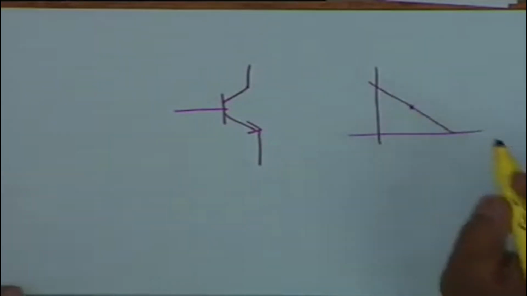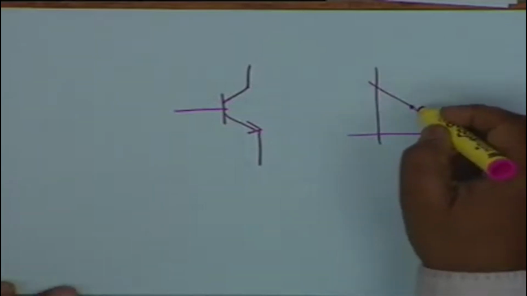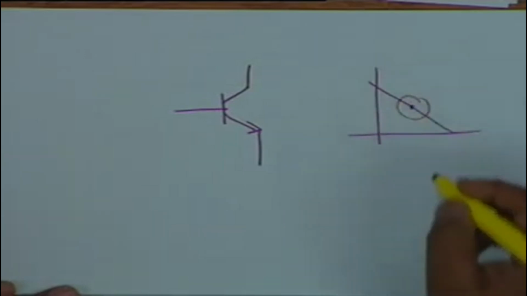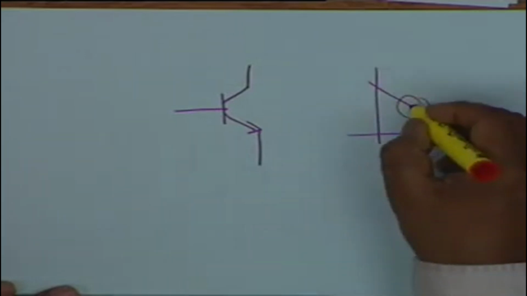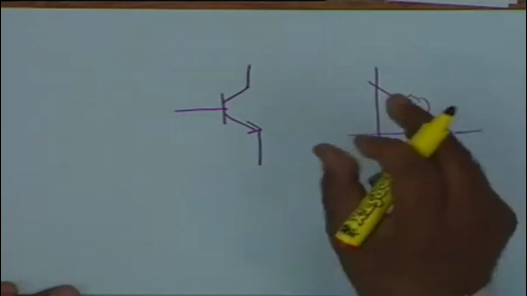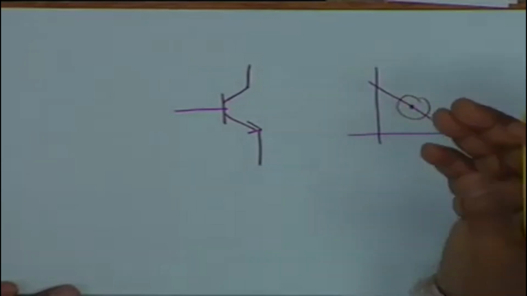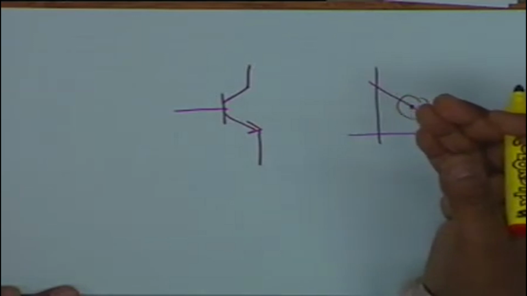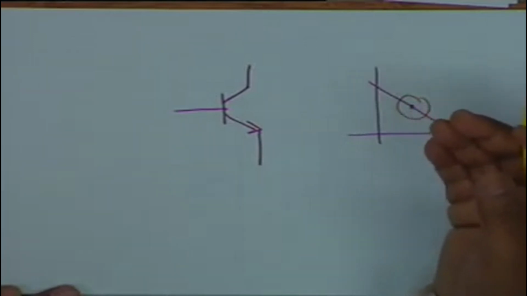So let us say we have a Q point, and we want to operate around this Q point. At this Q point there is a certain value of IB, the base current. We want to superimpose an alternating current on this and find out the corresponding change in the collector current. And we have seen that there is current amplification.